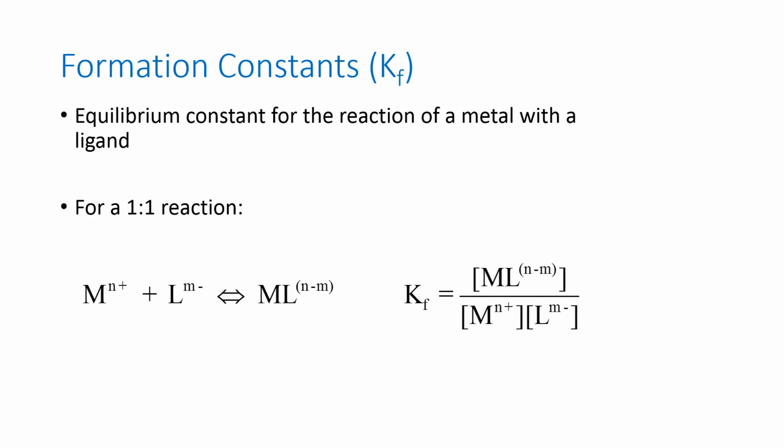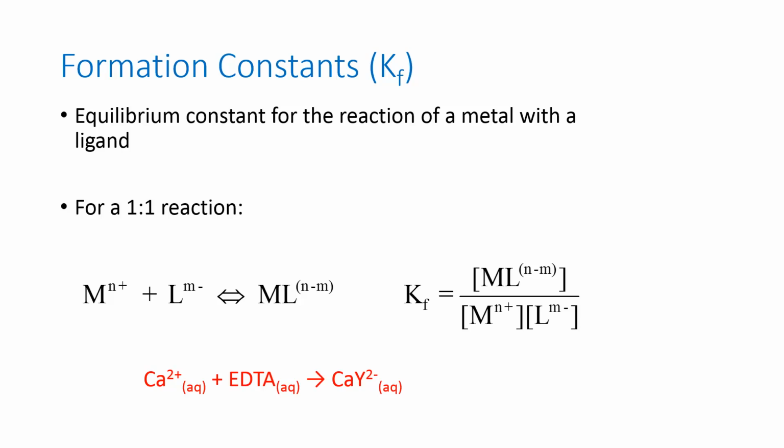So the formation constants for a 1-to-1 reaction, you write them just like you would write a regular equilibrium constant or a reaction quotient. We do have this 1-to-1 stoichiometry for our reaction, so you can just plug in wherever you see an L, plug in EDTA, wherever you see an M, plug in calcium. And so you should be able to figure out the formation constant that way and figure out if it's large or not.